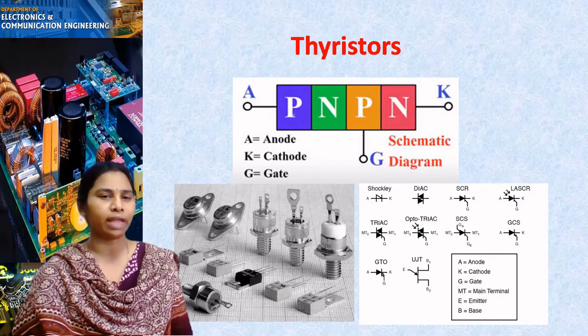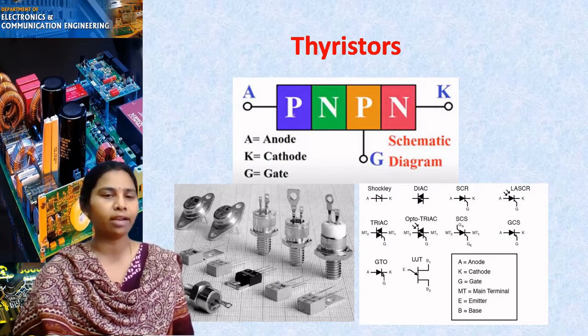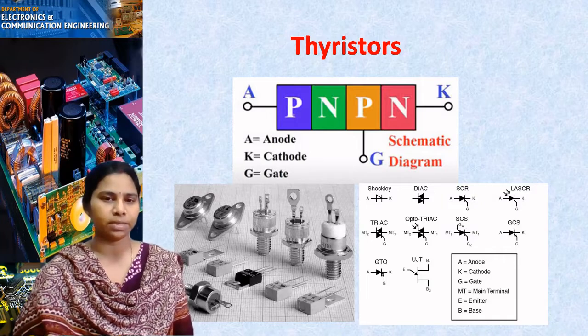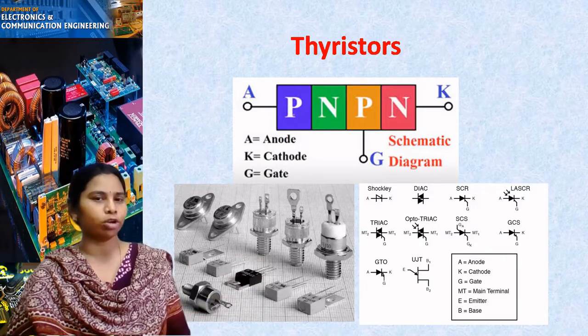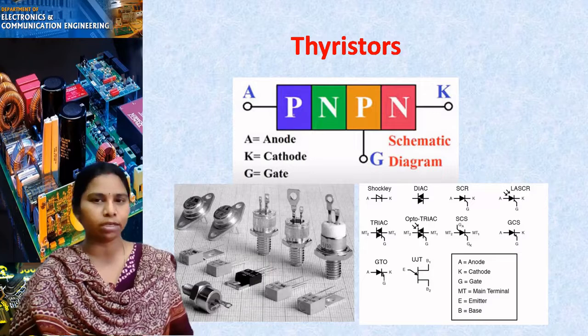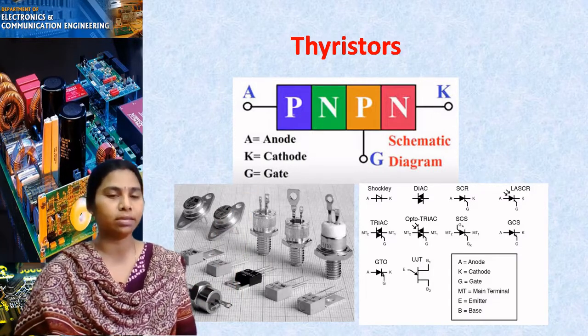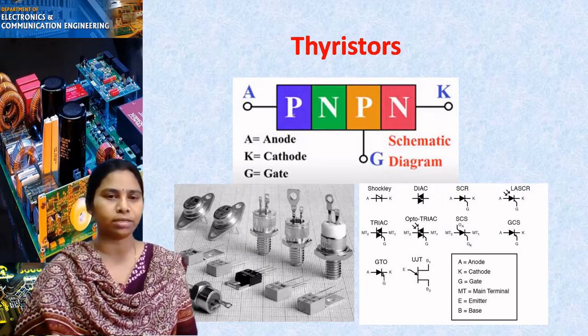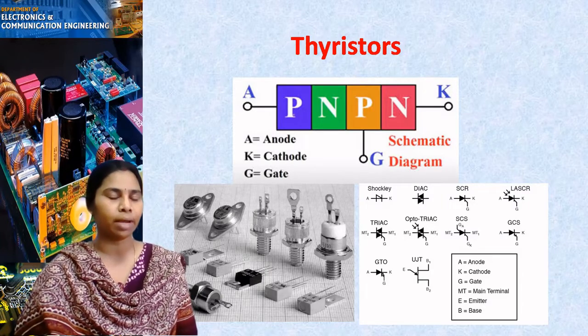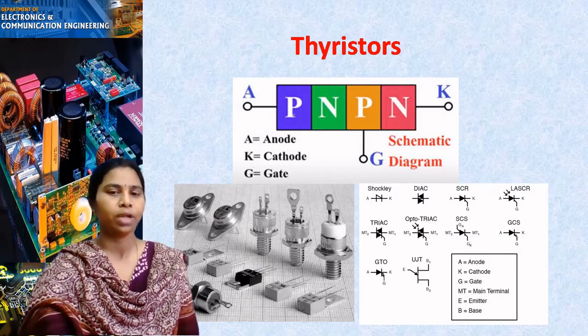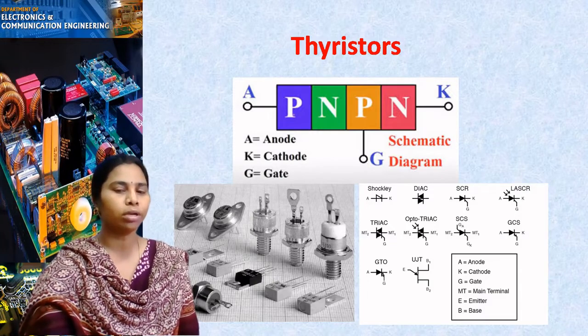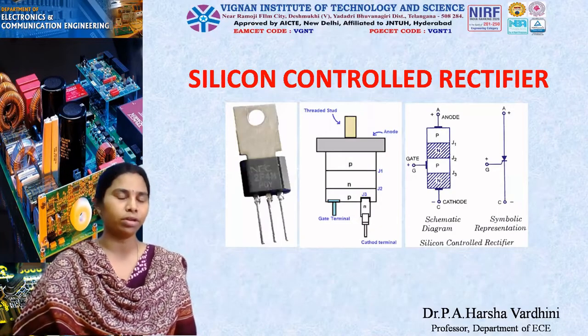You have a number of thyristors, under which you have the SCR in your syllabus. So any device which consists of more than 3 layers and more than 2 junctions, you can consider under the thyristor family. Now let us go to the silicon controlled rectifier.